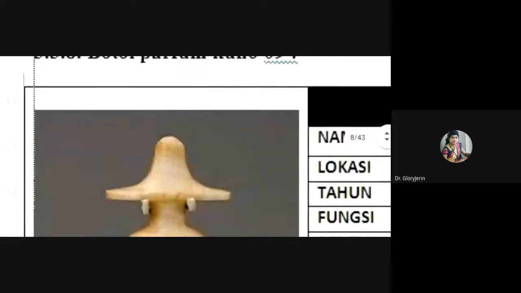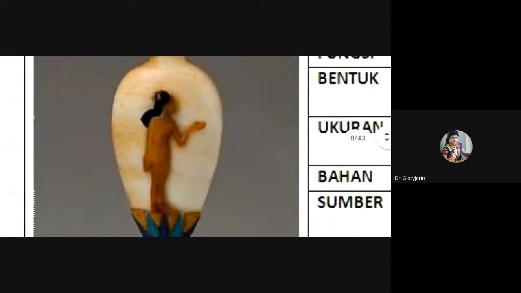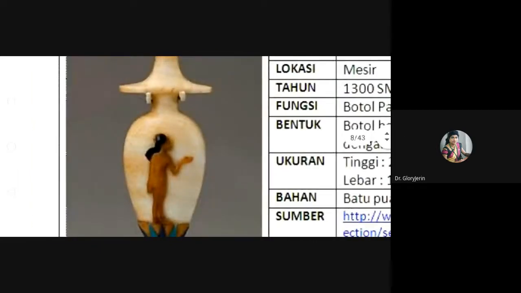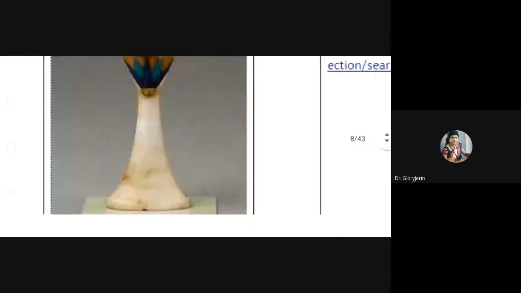And this is also a princess's perfume bottle, and we can interpret that this bottle is from a princess or a woman.